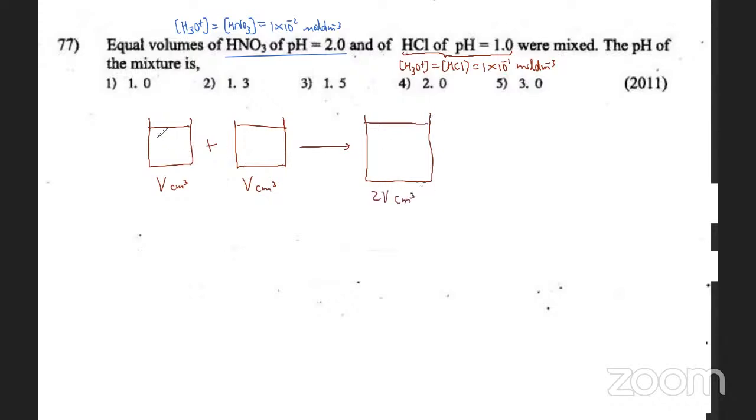So here we have HNO3 and here we have HCl. The important part is the concentration. The concentration of HNO3 is 10 to the power minus 2, that is 0.01 M, and this one is 0.1 M, 10 to the power minus 1.